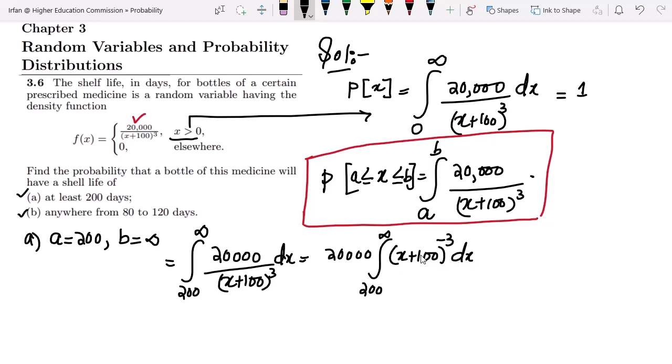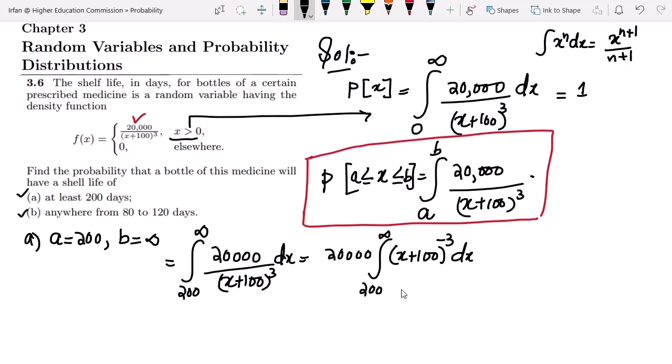Now in integration, I know the rule of integration: if I have x to the n dx, integrating it I will get x to the n plus 1 divided by n plus 1.